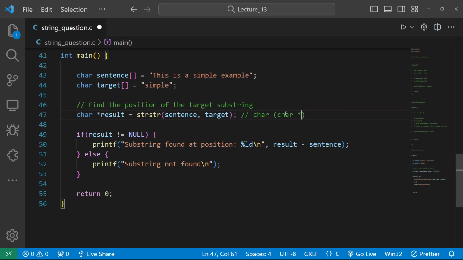The basic working of the strstr function is that it returns a pointer. This function strstr returns a pointer to the first occurrence.